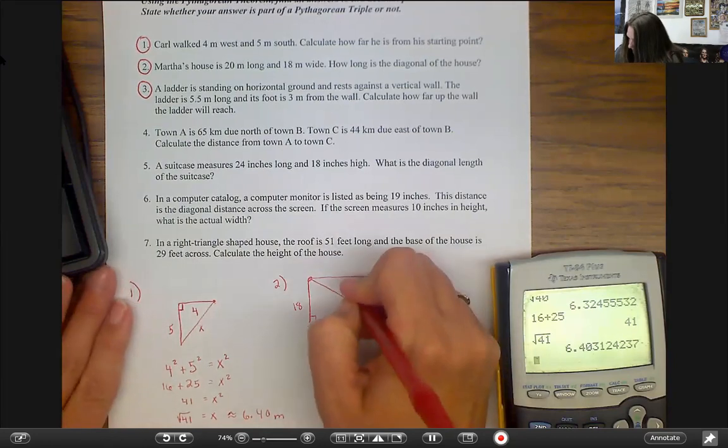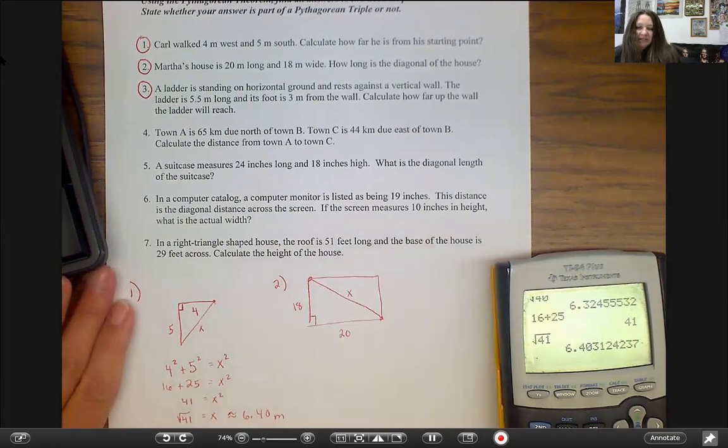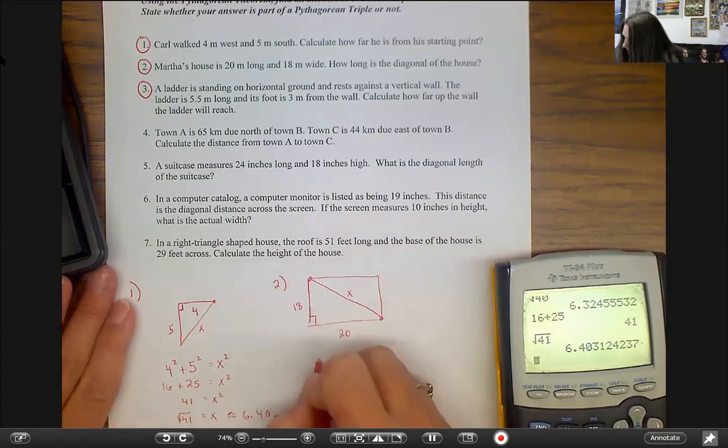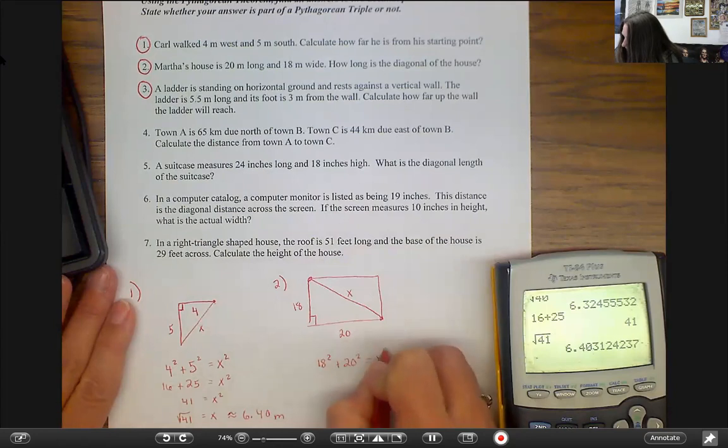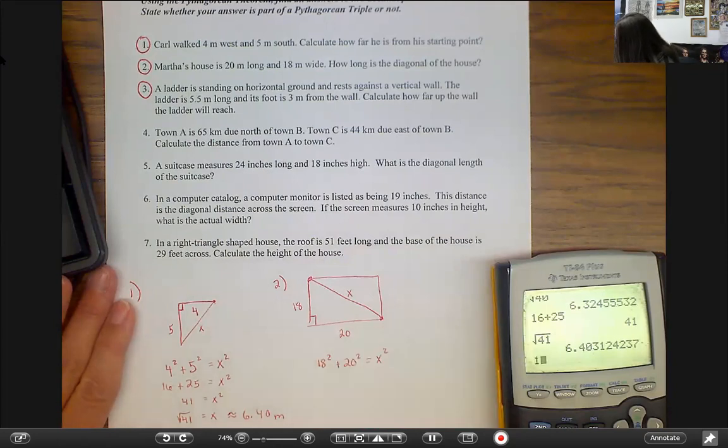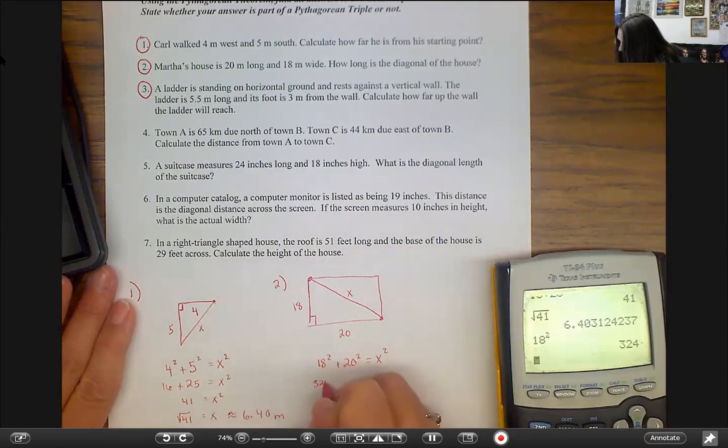And then, again, I would be solving for the hypotenuse. So we've got 18 squared plus 20 squared equal to x squared. 18 squared gives me a value of 324. 20 squared is 400. So this would be 724 for x squared.